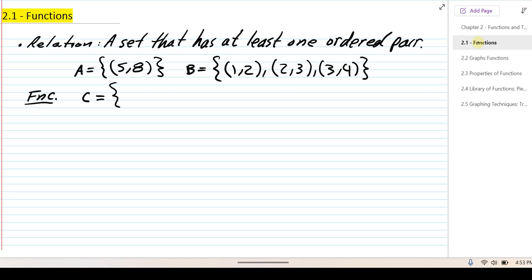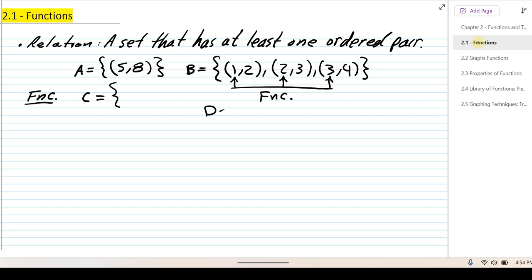And if the first numbers, the first elements in the ordered set are different, then that relation is called a function. So therefore, this set B defines a functional relationship between the elements in the first set of numbers 1, 2, 3 and the elements in the second set of numbers 2, 3, 4.